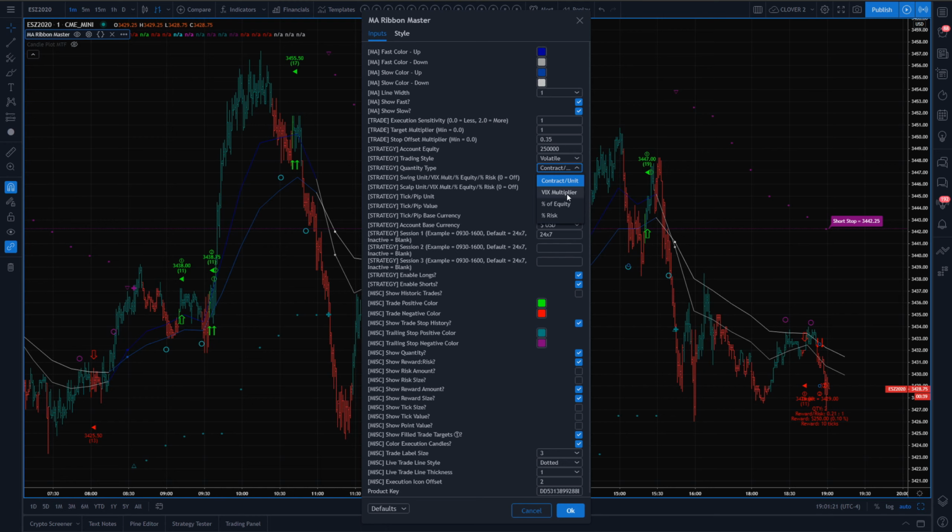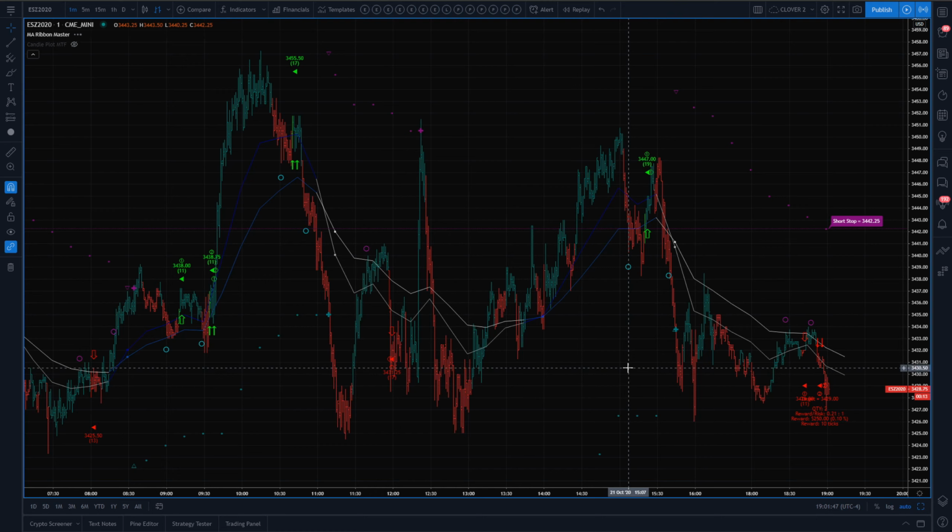The percent of equity, you can think of this as leverage. This will take the equity in the account designated up here, and it will use a percentage of that equity. So if you wanted to do 3-to-1 leverage, you would plug in 300% here. So if I wanted to do 100% for the swing and 200% for the scalp, what that's going to do is multiply, in this case for S&P 500 futures, the point value, which is 50.